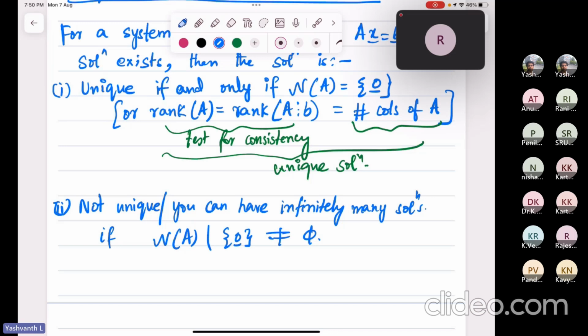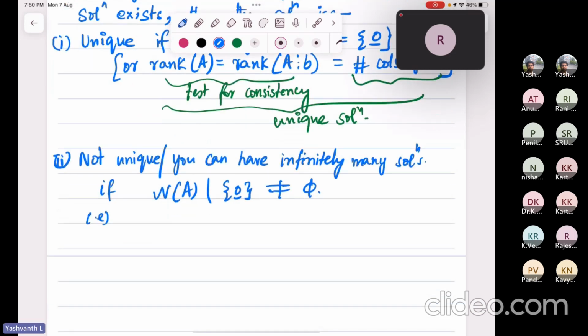That is, you have at least one non-zero vector in the null space. That is, the null space of A contains at least one non-zero vector.